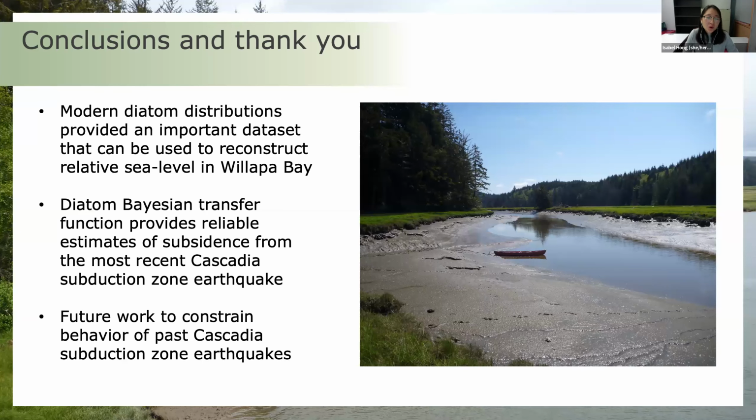Yeah. So even though we don't have a complete picture of Cascadia, what we do know from the paleo record is that we think the recurrence interval can be anywhere from 300 to 500 years.